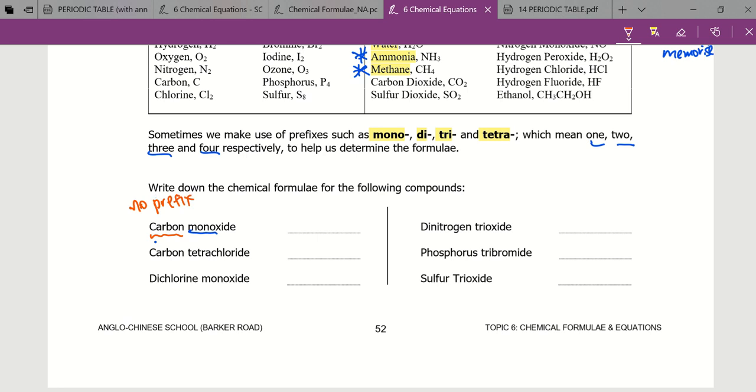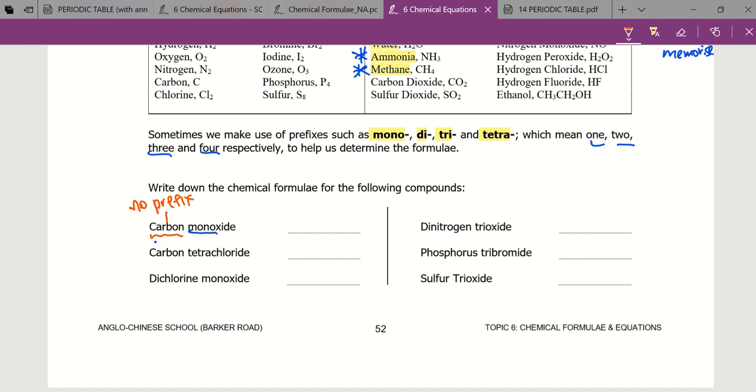If there is no prefix in front of the first word, it simply means that there is only one carbon.